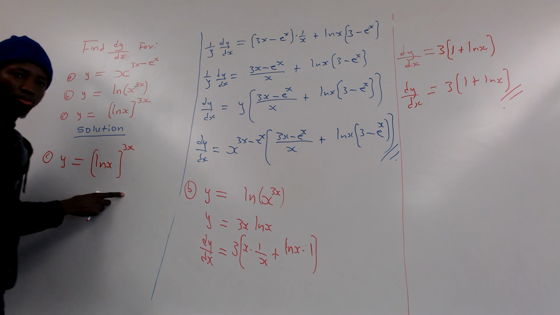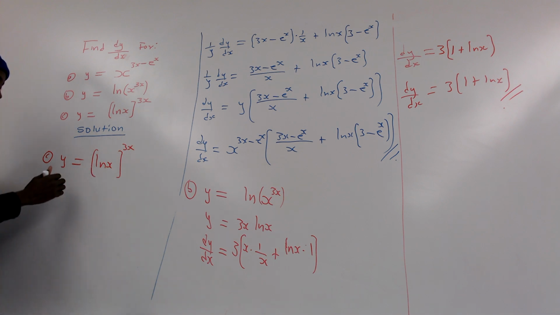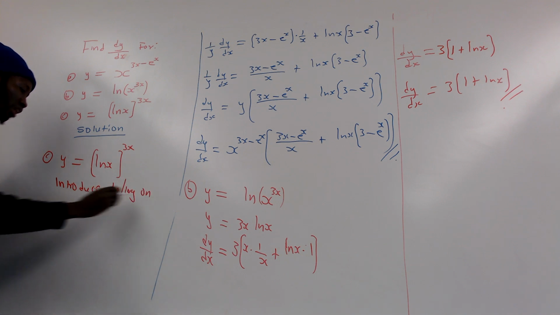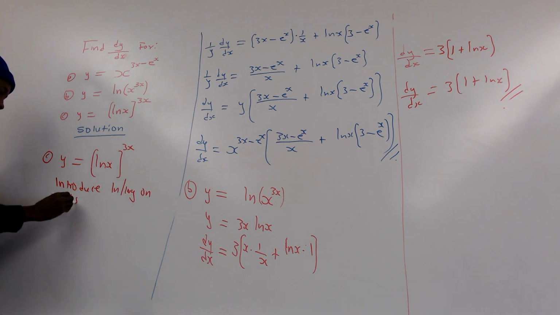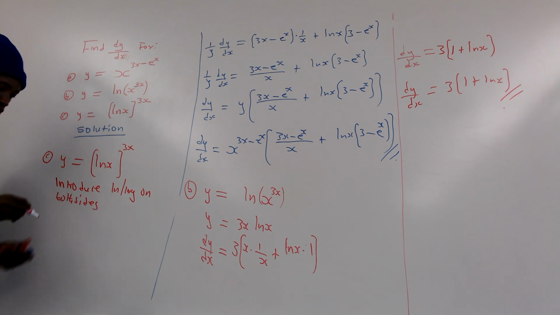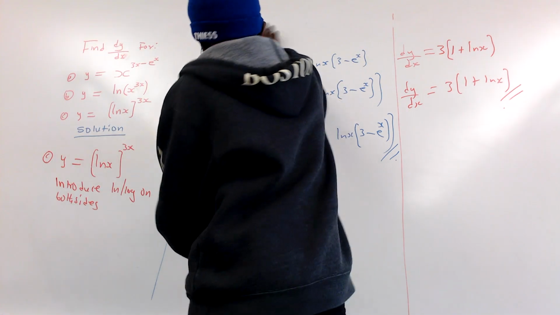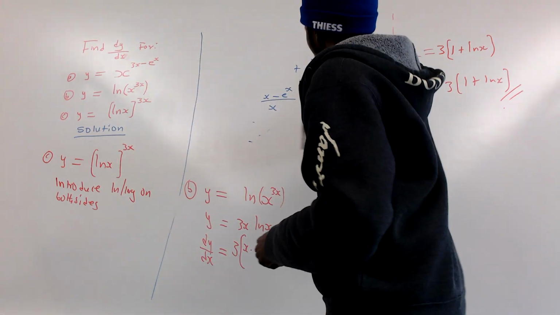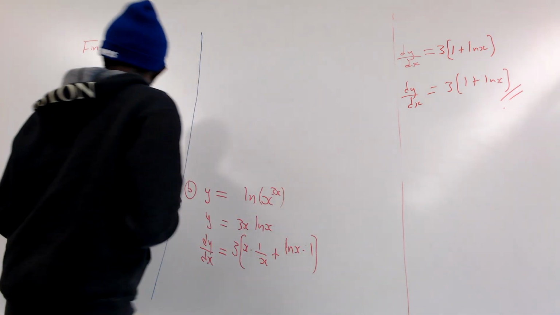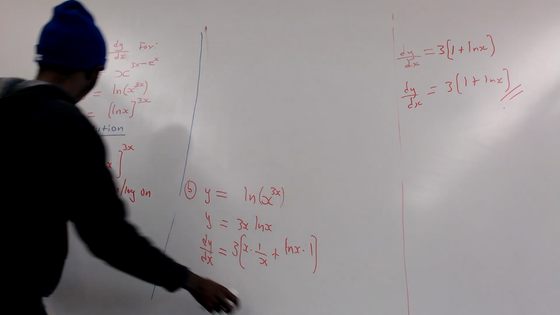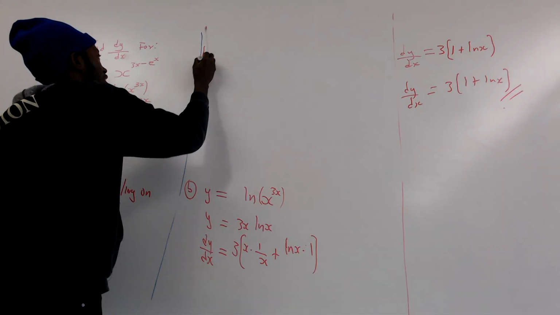So the easiest way, we take ln on both sides. We introduce ln, or you can say log, on both sides. So we take ln for the left, which is ln y.